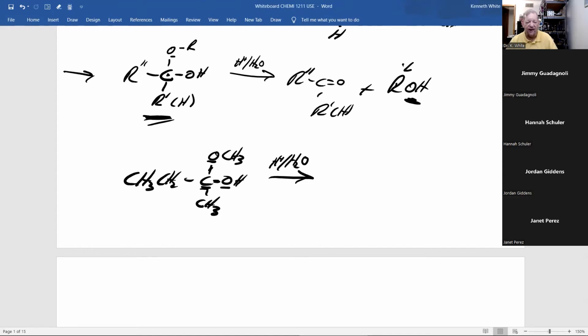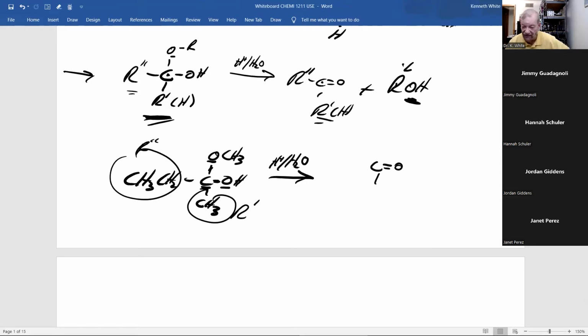Keep your eye on the carbon with the two oxygens, becomes this carbon. Then what's our prime? Methyl, right here. What's our double prime? It's actually right here, ethyl. So carbonyl, carbon double bond oxygen, our prime methyl, our double prime ethyl.